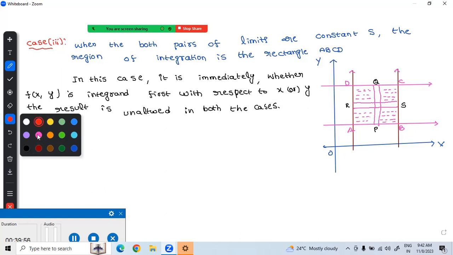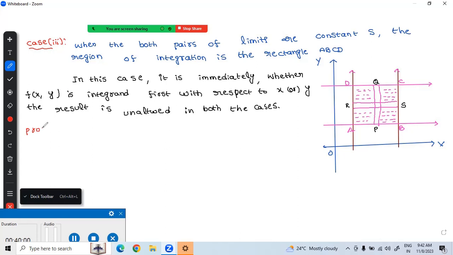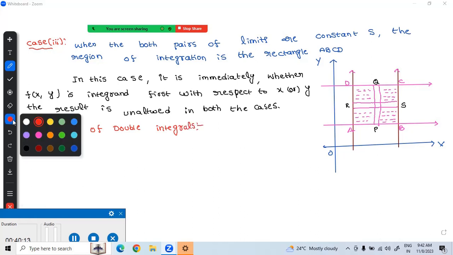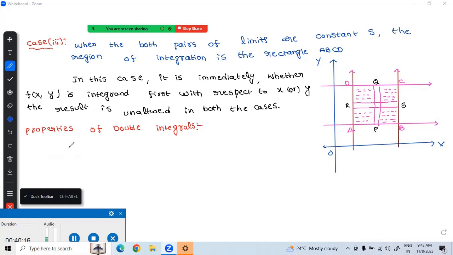Next, properties of double integral. The properties of double integral are similar to those of definite integral.